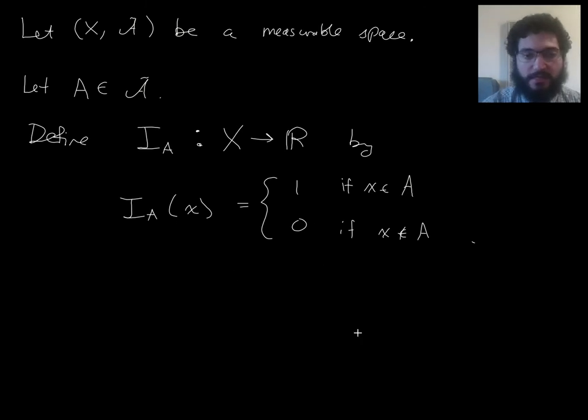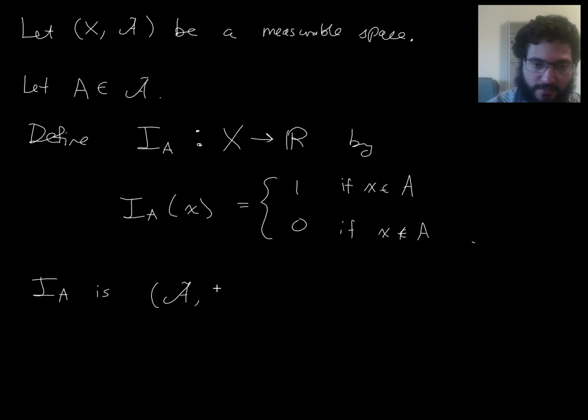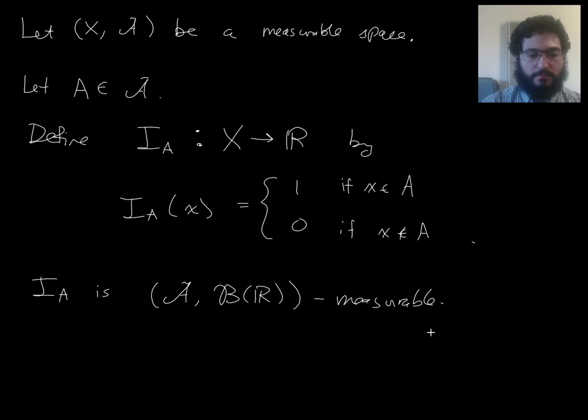Then I claim that this is a measurable function. So I_A is measurable, and by measurable I mean this style of measurable. To see that this is true, if I were using the original definition, I'd have to consider an arbitrary Borel measurable subset of the reals, and then think about its preimage.